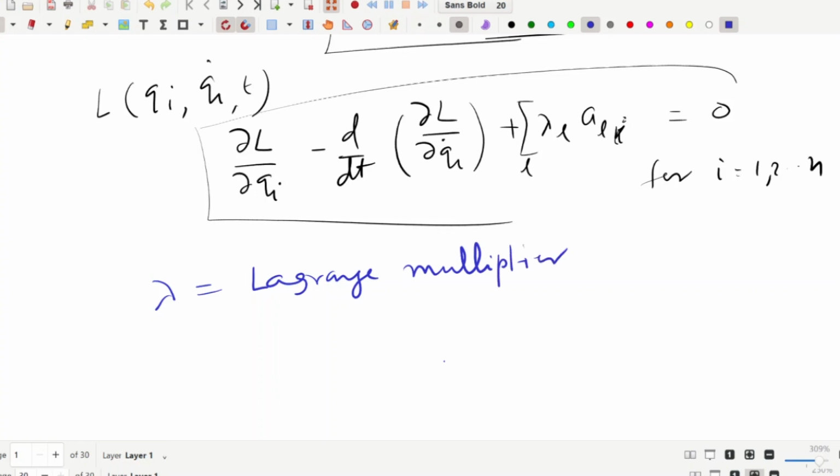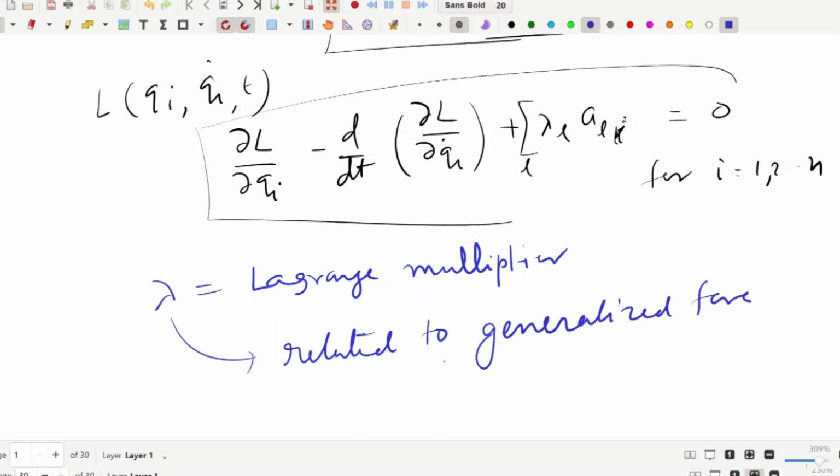We also know the physical interpretation of these Lagrange multipliers. In the last lecture we mentioned that these lambdas are related to the generalized force in the system.